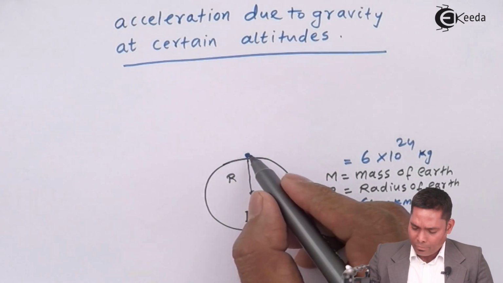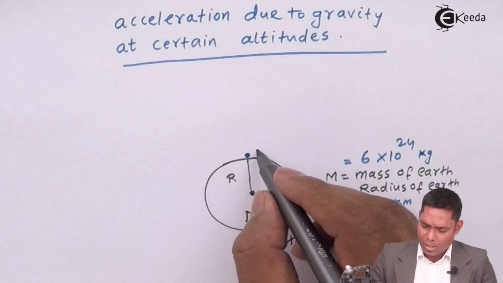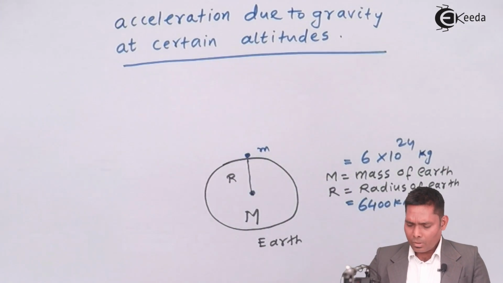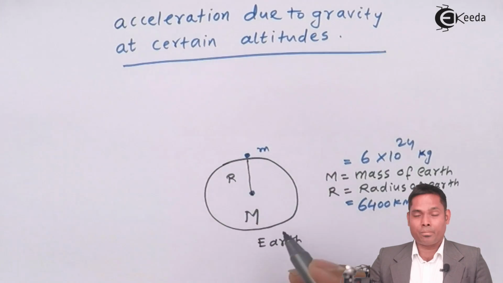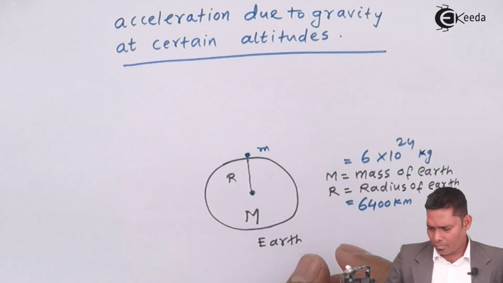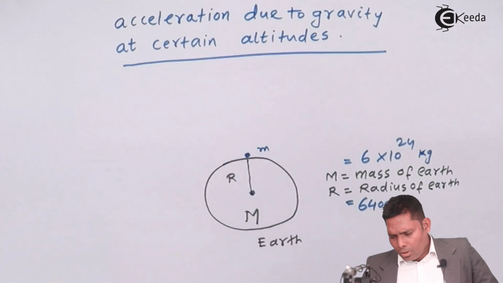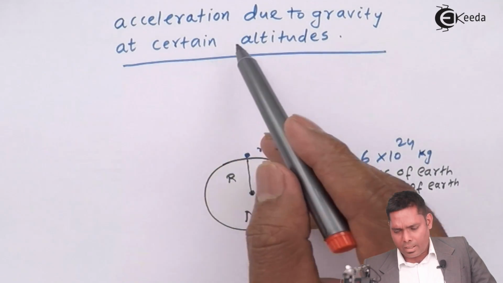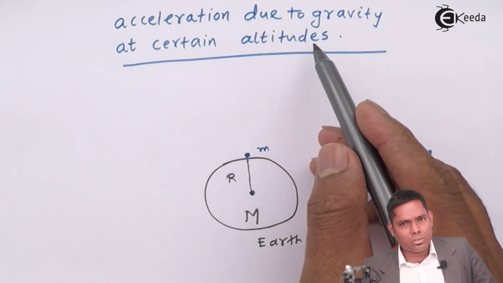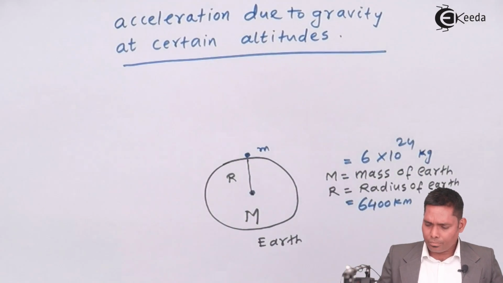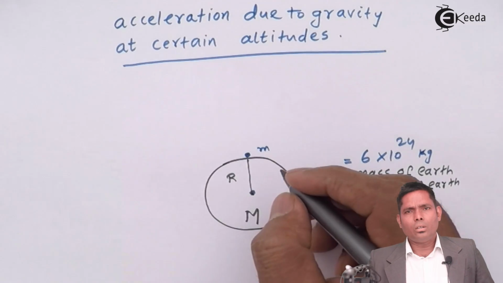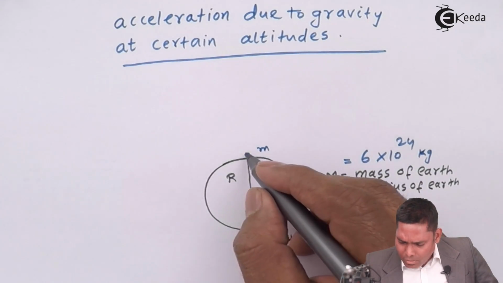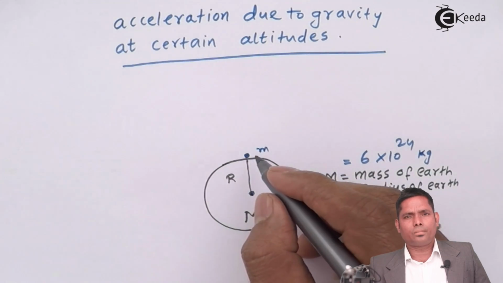So the small mass which I have kept on the surface of the Earth is small m, and this mass is capital M, the mass of the Earth. Now to find the acceleration due to gravity at certain altitudes, I have to find the force that is acting on the mass which is present on the surface of the Earth.